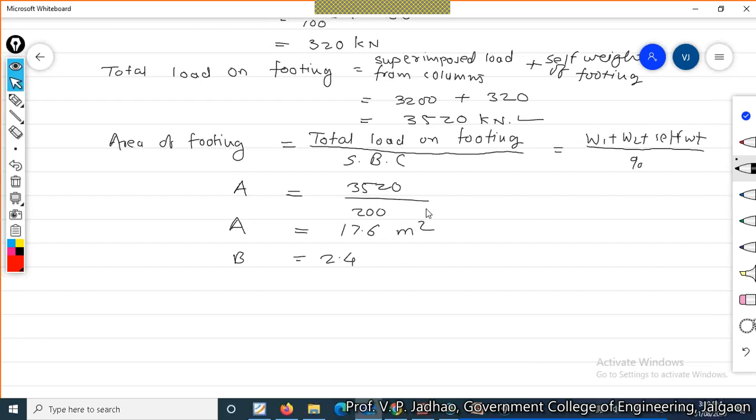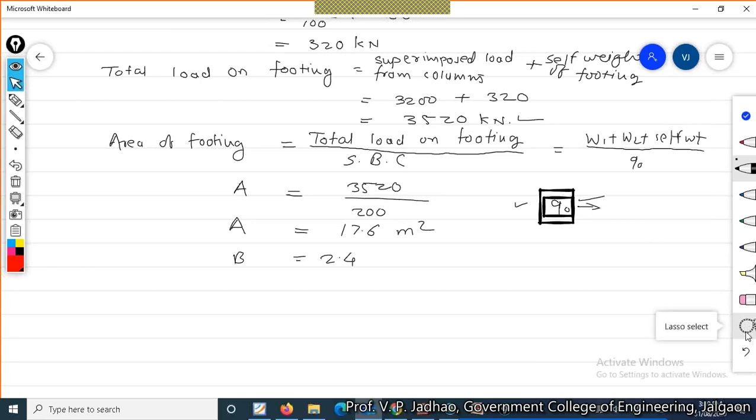Now one thing I wanted to point out is that the value of safe bearing capacity Q0 is not automatically known. You have to obtain it by testing at the site. Whichever test is required, you do that test and then you will get the value of the safe bearing capacity Q0.